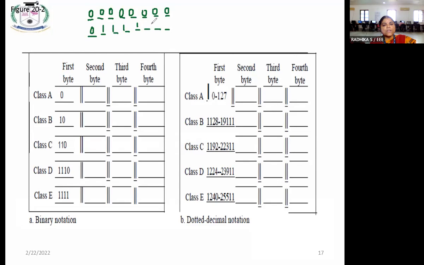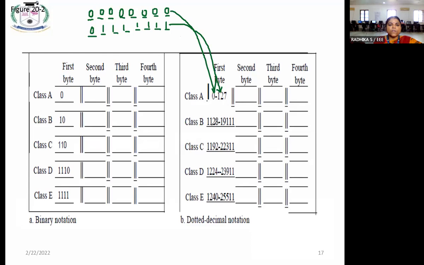So I write the binary equivalent. If I convert this binary into decimal, all 0 means 0, and the all-ones combination gives 127. That is why in decimal notation, whenever the first byte ranges from 0 to 127, we call it class A.